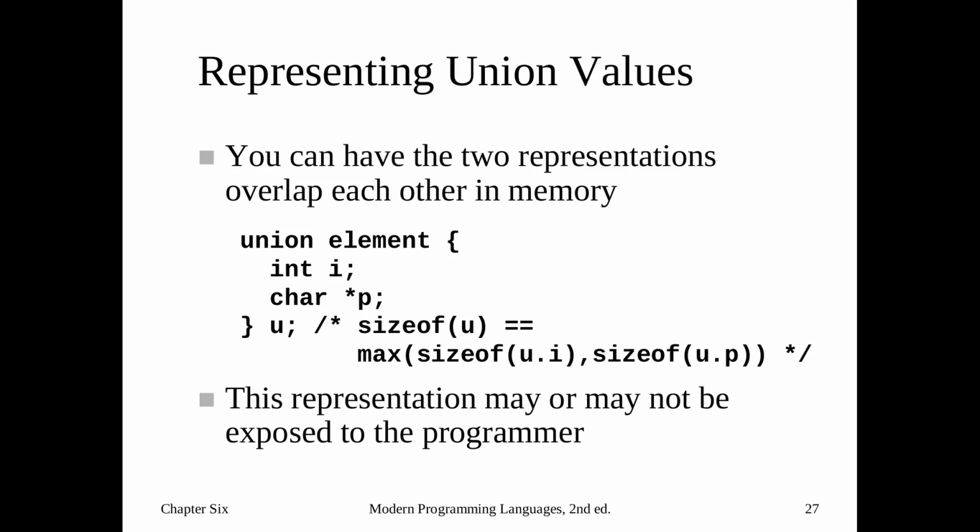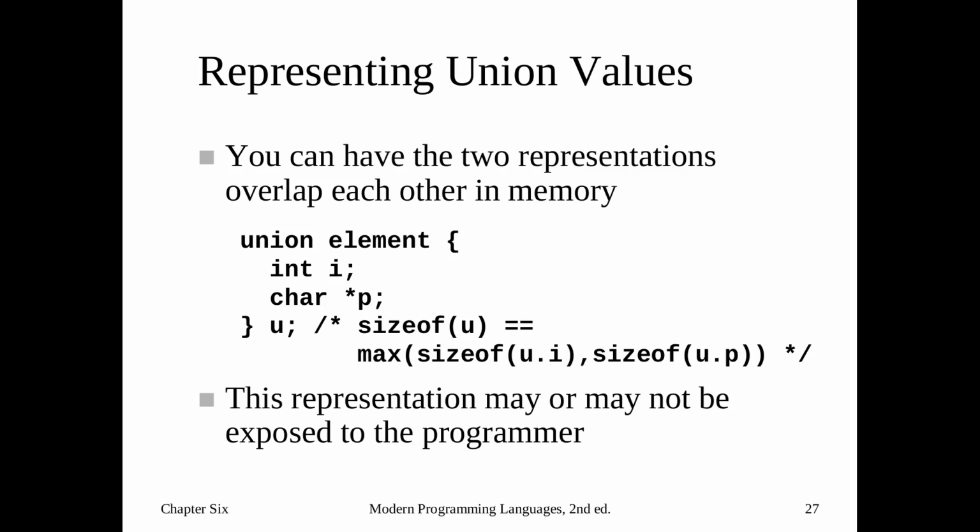When we want to represent these, the two representations will overlap each other in memory, right? So if we have a union of an integer and a character pointer, it's going to actually create an overlap. And the size of the union, as I just said, will be the max of the size of i or p, right?